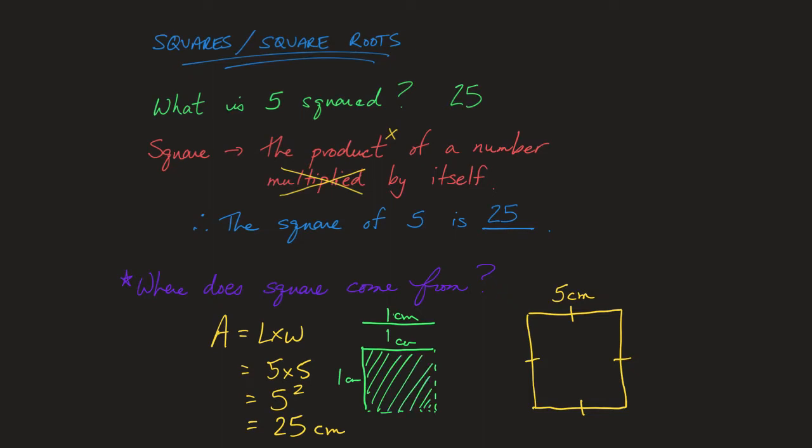And that's what we have in that yellow box. If it is 5 centimeters by 5 centimeters, then it would take 25 1 centimeter by 1 centimeter boxes to fill that thing up. What shape did I just create that's shaded in? A square. That's why they're called squared units.